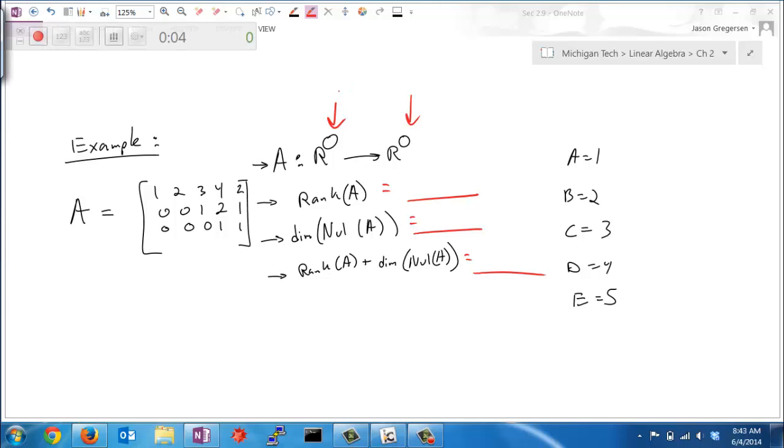We'll start with this one first. So A is a mapping from R here to R here. What's the first one?